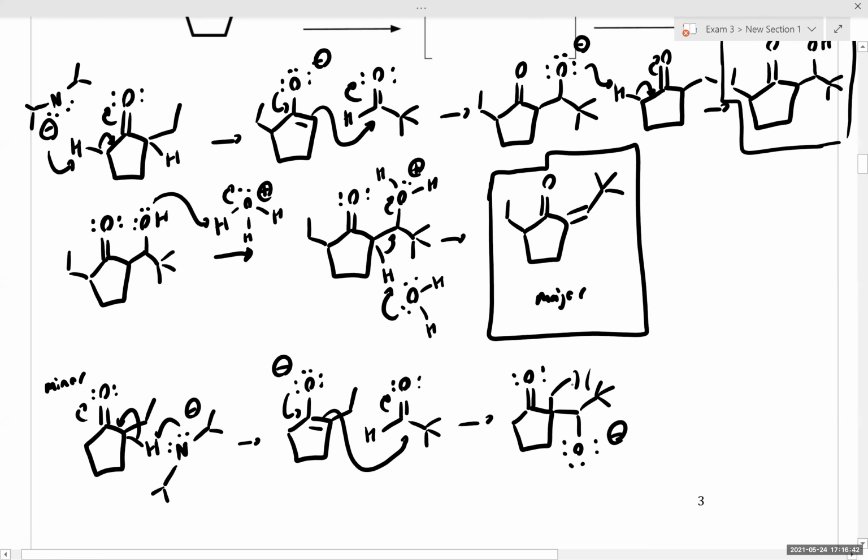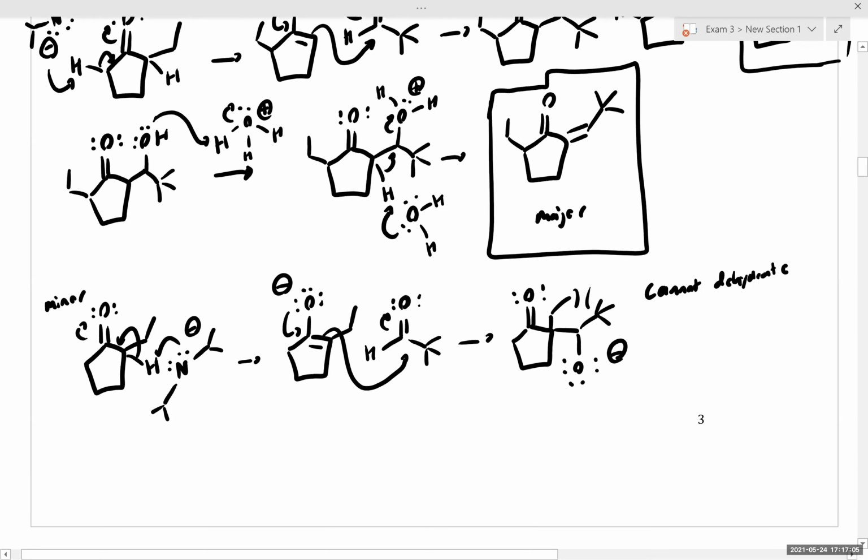Not only are we generating a pretty hindered stereocenter, that's one consideration, but also if we want to drive this reaction to completion via dehydration, there's no available hydrogen to abstract. So this substrate cannot dehydrate, or at least not easily.